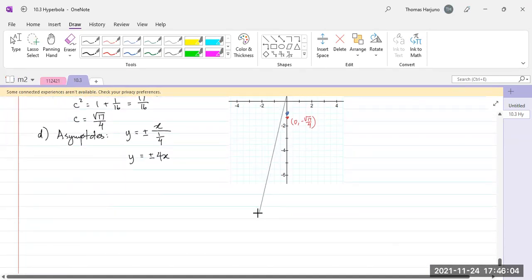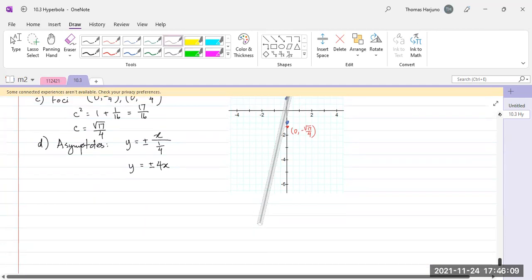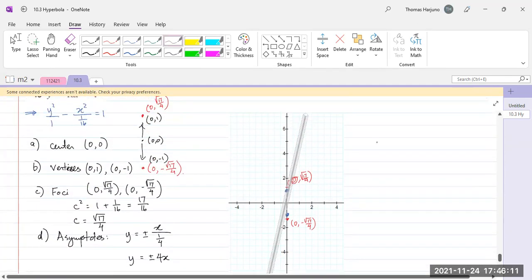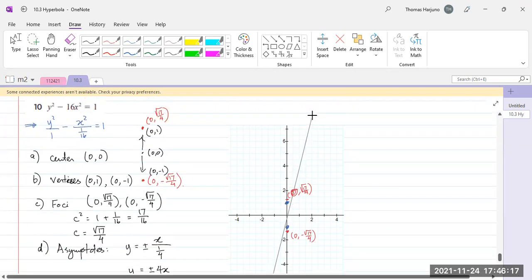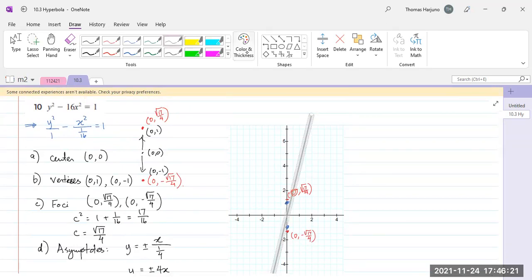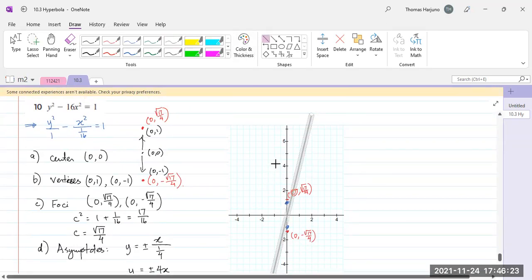I need to move this a little bit. Okay, the other one.